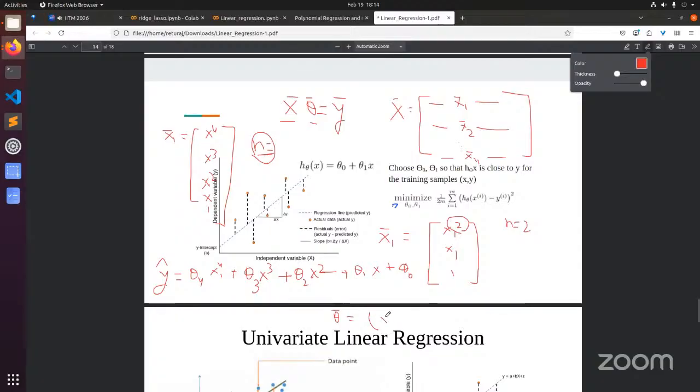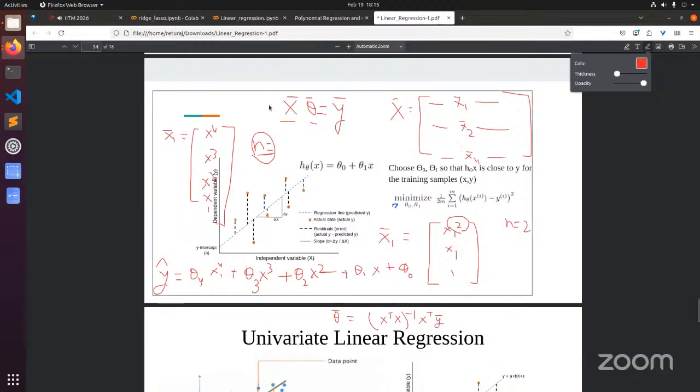No one? Sir, X transpose X, the whole inverse, X transpose y bar. Right? You just multiply X transpose on both sides, and this becomes a square matrix, so you can invert it. So theta bar equals X transpose X inverse X transpose y bar.